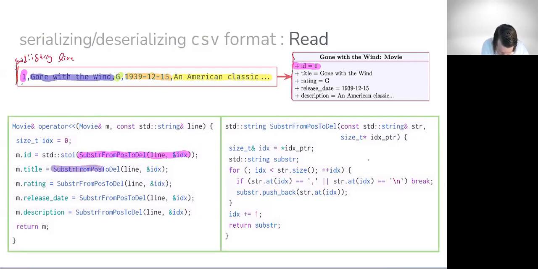Second time through, we're populating the title field, as we've seen here. Third time through, I'm not sure if I'm getting these colors right, but rating to populate the rating field. Fourth time through, we're extracting the release date and putting it in the corresponding field in our in-memory representation. Fifth time through, doing the same thing for the description field and ensuring that it's getting in the proper field in our in-memory representation.